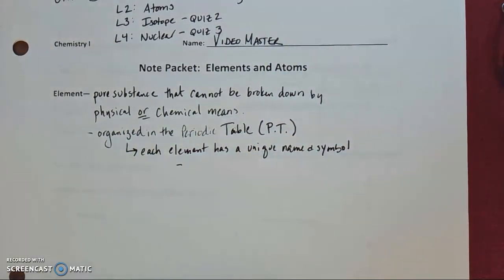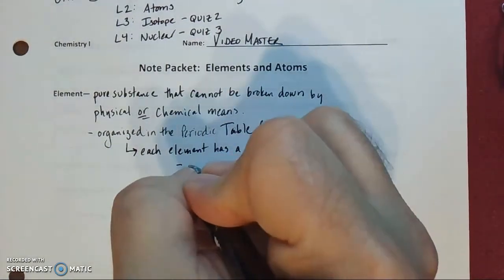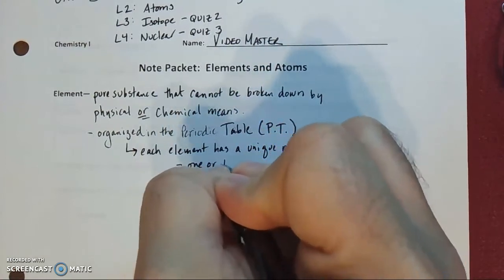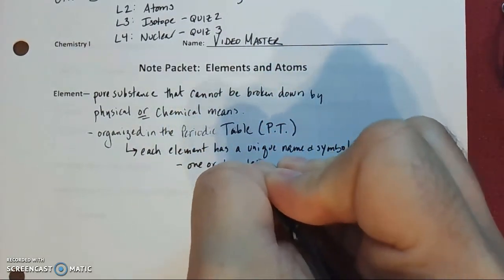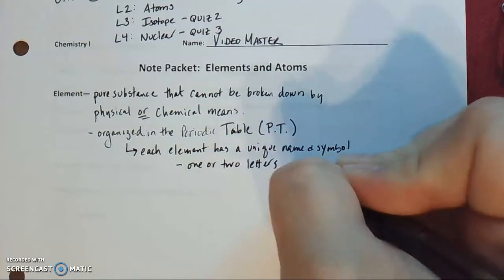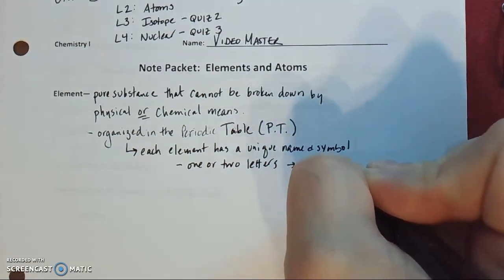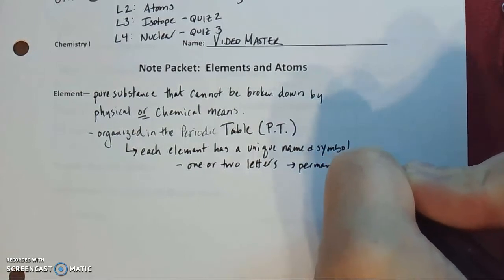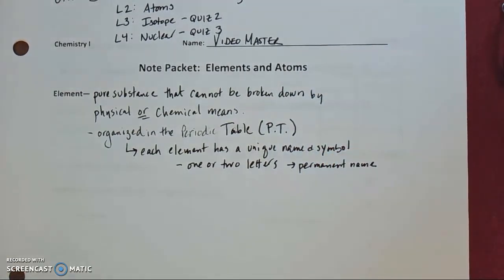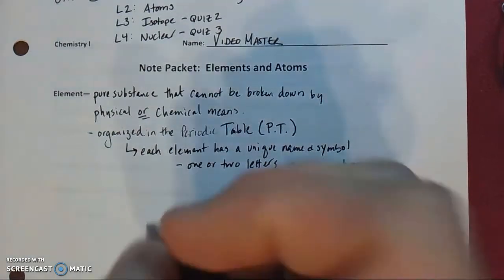On our Flynn periodic table, everything has permanent names. So if we have a 1 or 2 letter symbol, it is a permanent name. And if somebody were to discover a new element, it is given a temporary 3-letter symbol name.